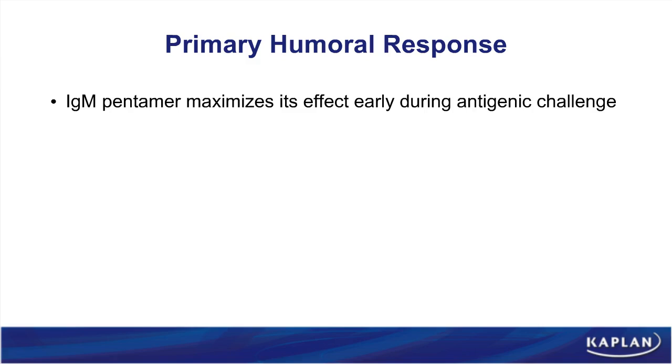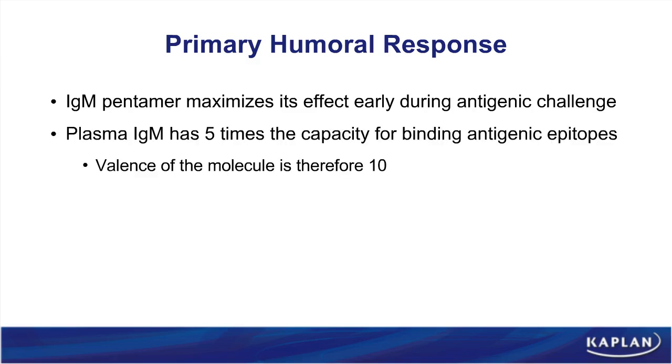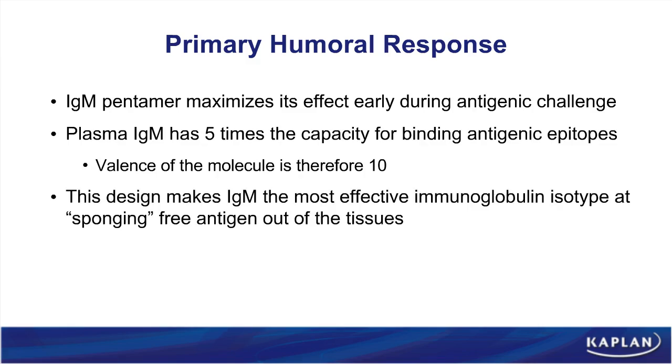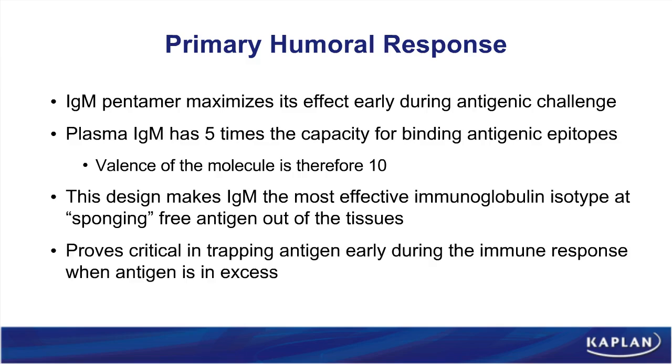So that IgM has 5 times the capacity for binding epitopes. And because it is present early on in the infection, it is really good at soaking up antigen pretty much just like a sponge. So that IgM that just happens to be there during our primary immune response is critical in trapping all of that excess antigen very early during the immune response.